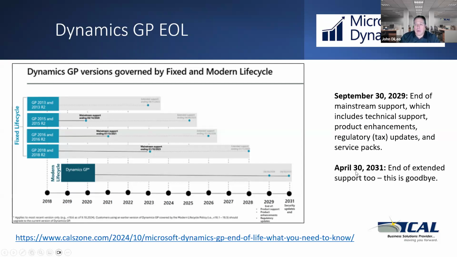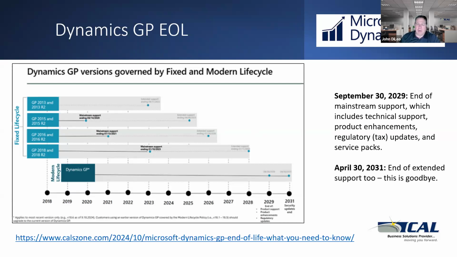April 30th, 2031 is what Microsoft is saying. They're no longer going to be supporting GP at that point in time, that's what they say right now. Now, what that means to you as far as GP is concerned, you can continue to run GP. All of our clients are perpetual license, so you own the software. As long as you continue to pay Microsoft your annual enhancements, you're entitled to all those updates.